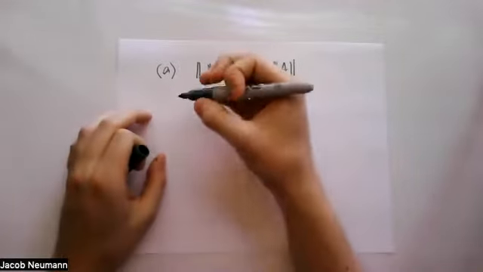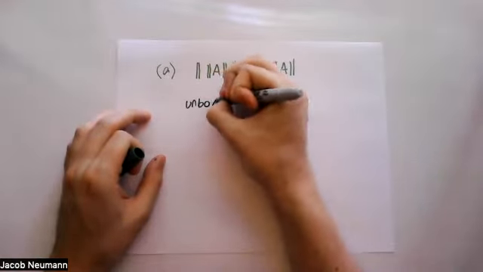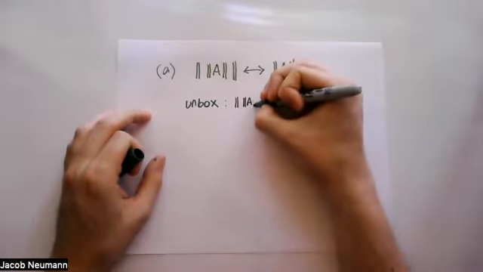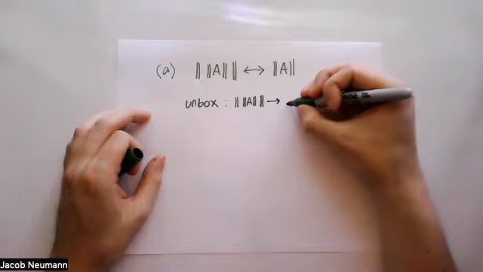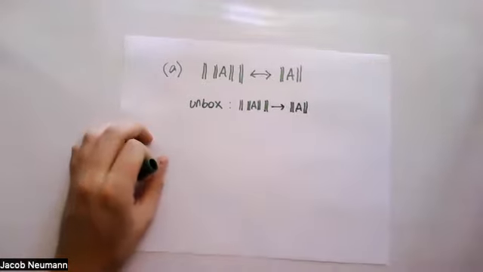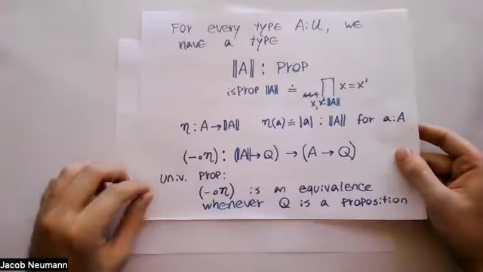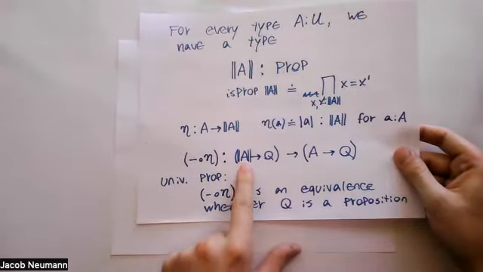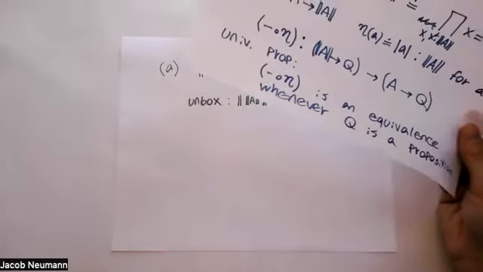So, left to right, I'm going to call this unbox. And so unbox is going to go from the truncation of A to truncation of A. And this is where our universal property comes in: we are trying to construct a map from the truncation of A, so a truncated type, into a proposition.